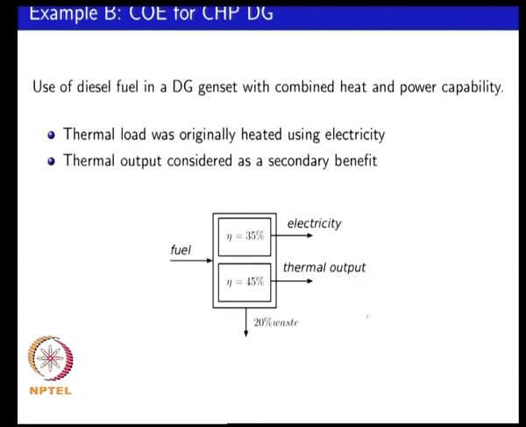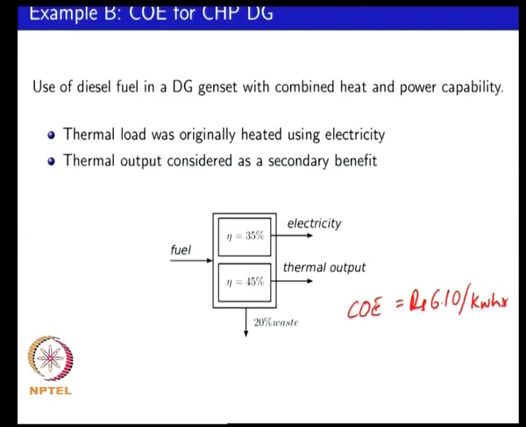In this particular case, the cost of energy worked out to be rupees 10 paisa per kilowatt hour, which is less than 7. So, potentially this can be a situation where producing electricity in this manner might be economically feasible.